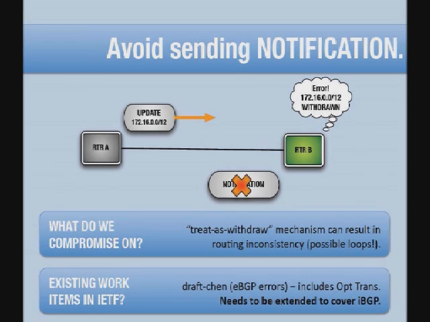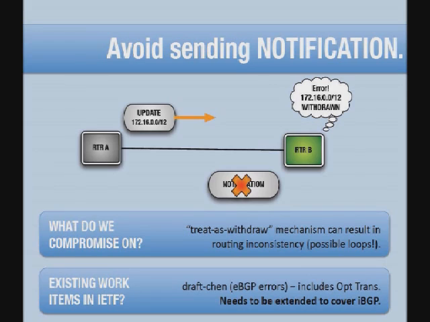Or the other thing is that we've just treated this as a withdrawal, and if we didn't have another path, we're black holing traffic. So this is obviously suboptimal. We've compromised in that one set of routing information is now inconsistent, not the whole session. We haven't lost reachability to 99.9% of the table that was fine.